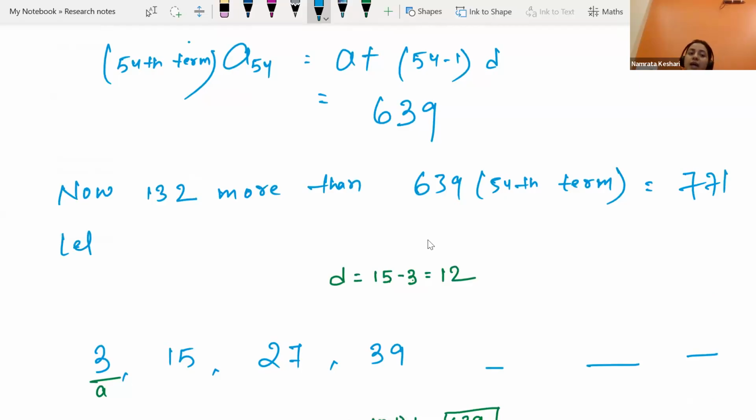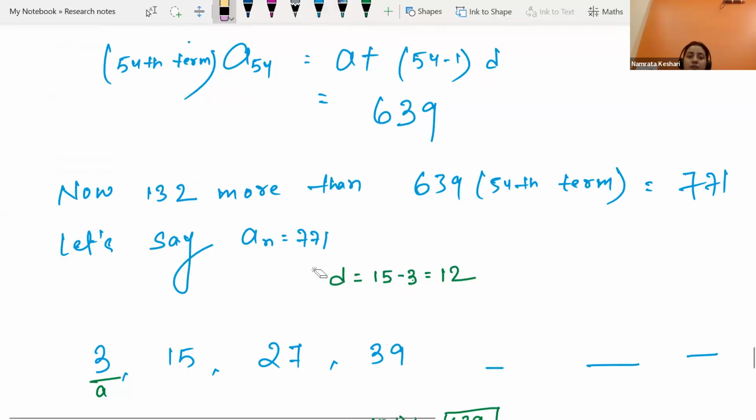Let's assume at the nth place it is sitting. Let's say a_n is 771, and let's find n from there. Let's find it, then we'll wrap it up.